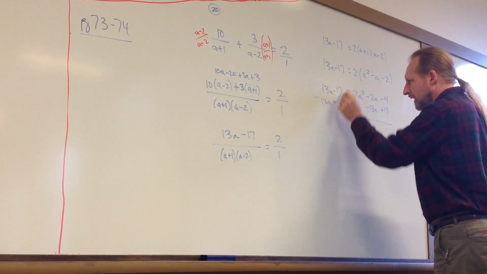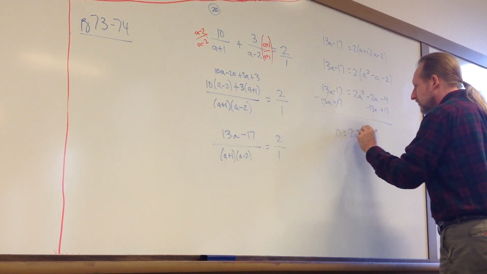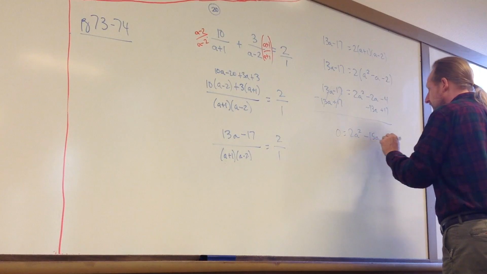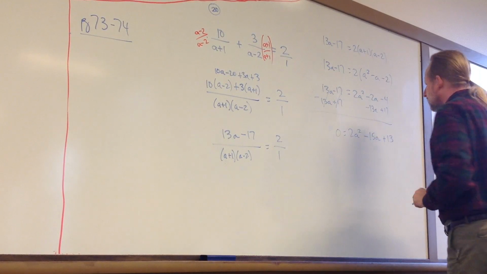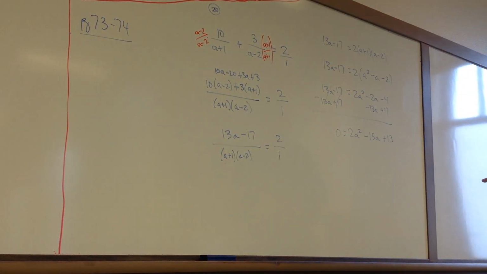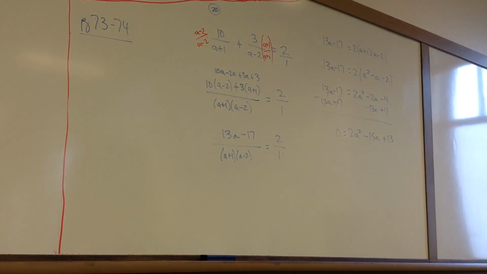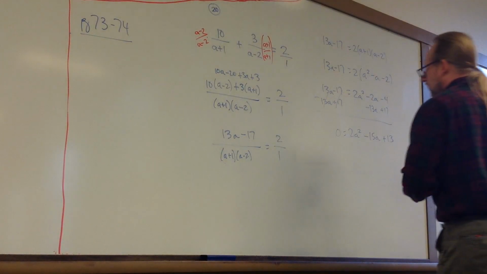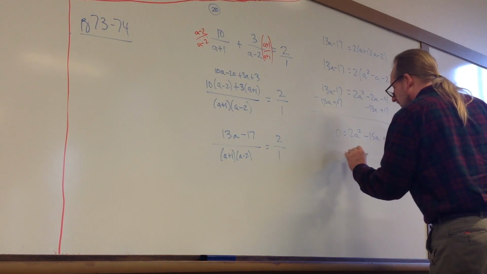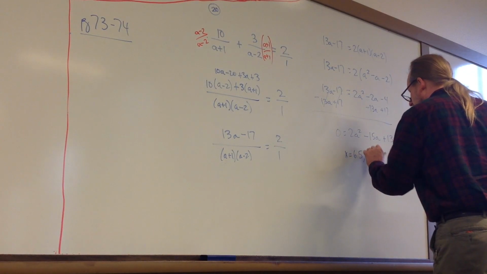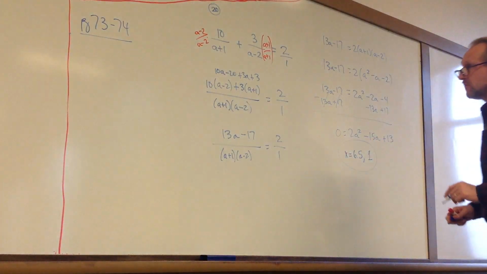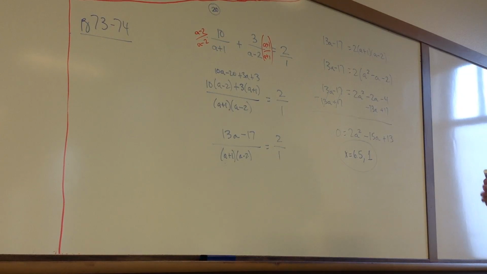So these cancel, and we get 2a squared minus 15a, looks like plus 13. Okay, and I think that that is going to be factorable. Let's just run it through the quadratic and see what we get. Yeah, 6.5 and positive 1. So a equals 6.5, a equals positive 1, and then we're all set.